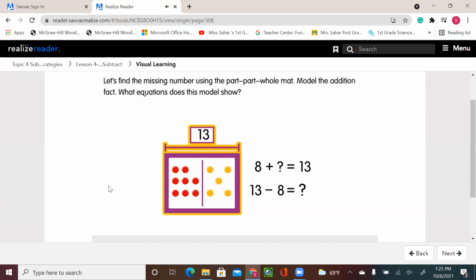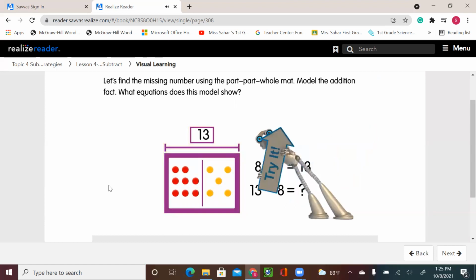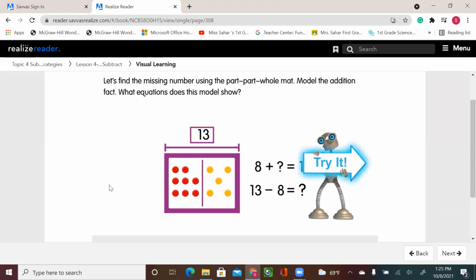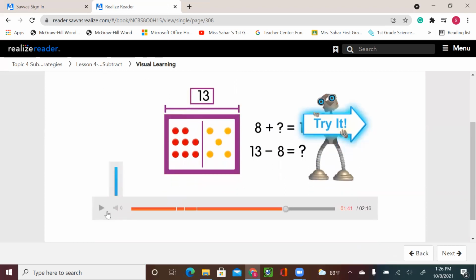Model the addition fact. What equations does this model show? So we get the missing number. Count on to get the missing number, either using addition to subtract or subtract the whole number from one part to get the second part, or the missing part.